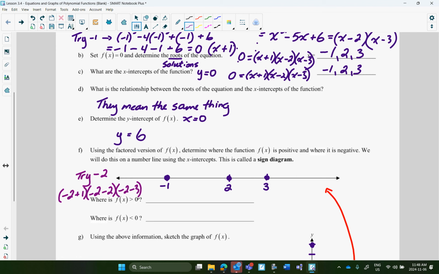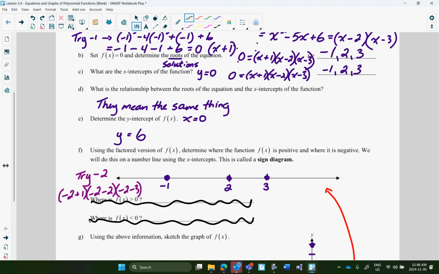By the way, you can cross these out. I'm not even going to do this. Don't worry about this. Now, I don't care what the answer is. I only care whether it's positive or negative.